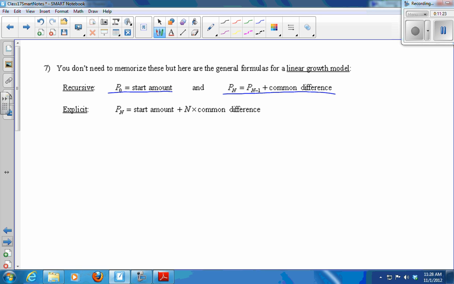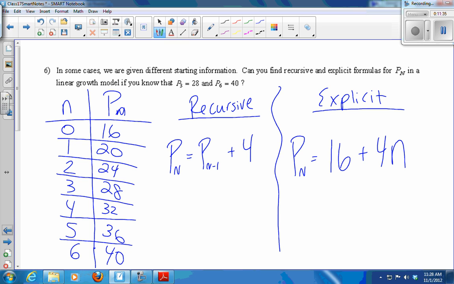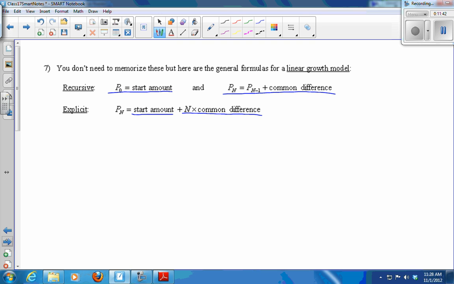And then for explicit, we give the starting amount, then we add the common difference n times. So no need to memorize this. We just came up with 2 formulas without ever knowing the general formula. But if you're a formula person, write them on your sheet for the test and refer to it.